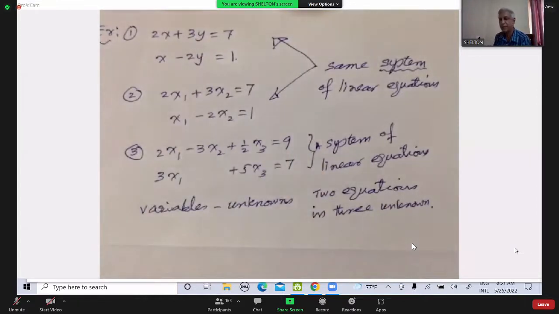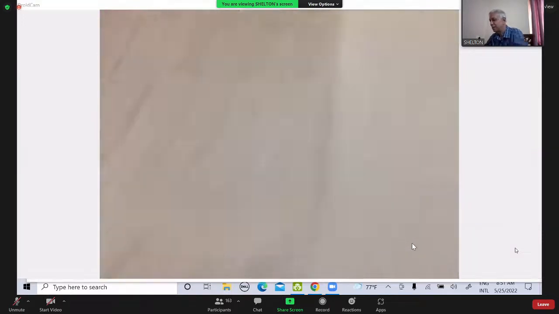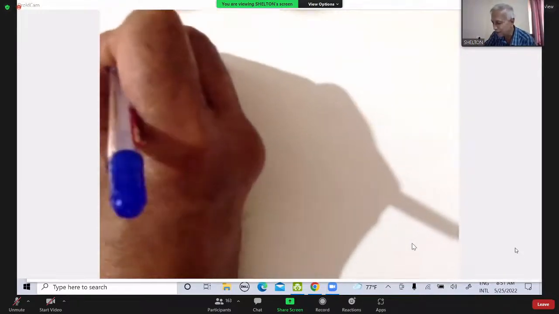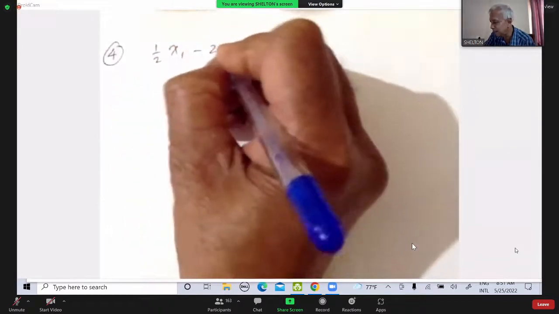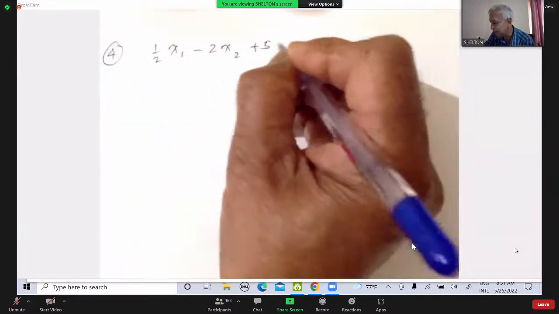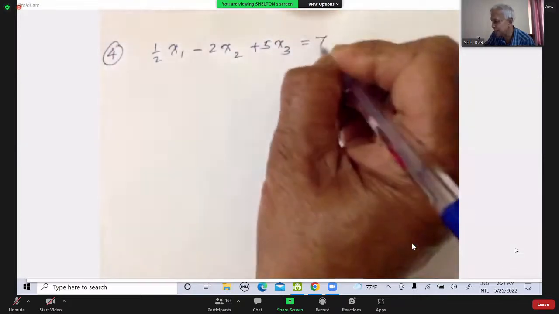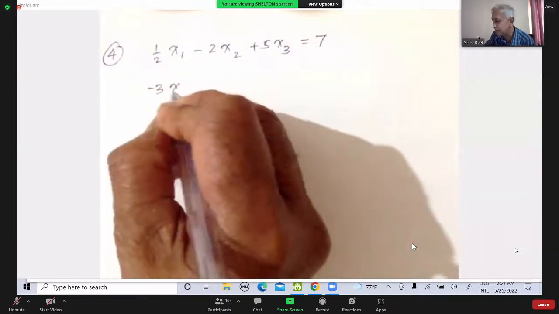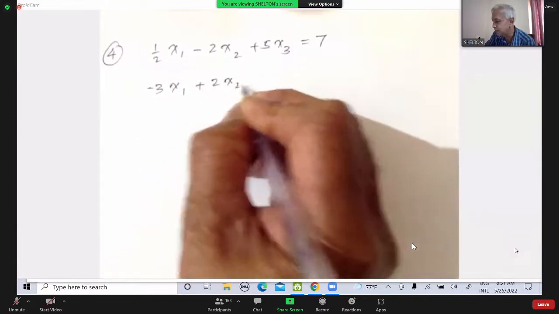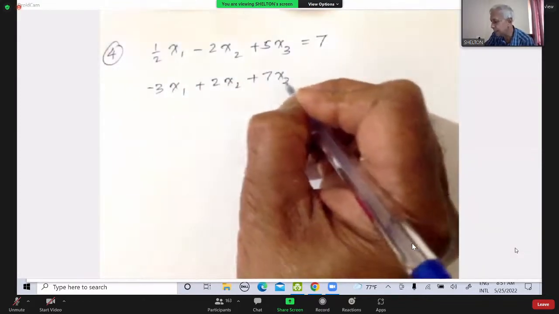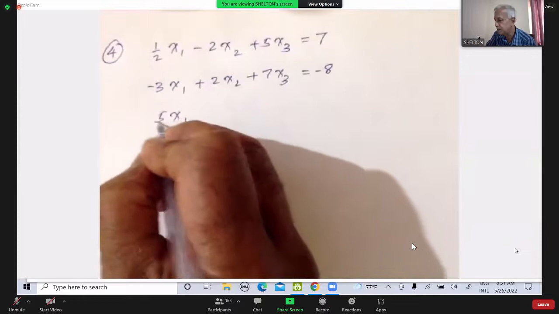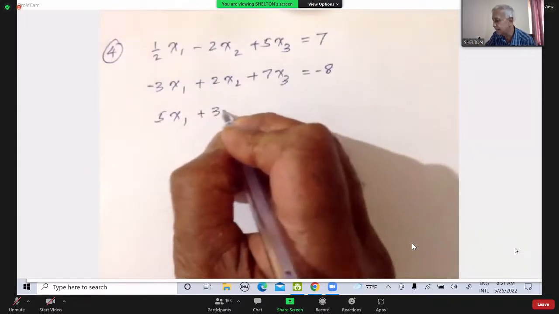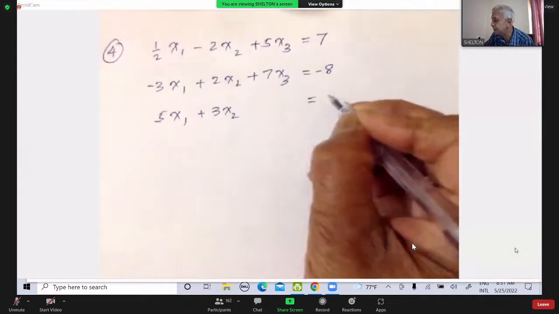So let us take another example of a system of linear equations. Half x1 minus 2x2 plus 5x3 equals 7. Minus 3x1 plus 2x2 plus 7x3 equals minus 8. 5x1 plus 3x2 equals 9.